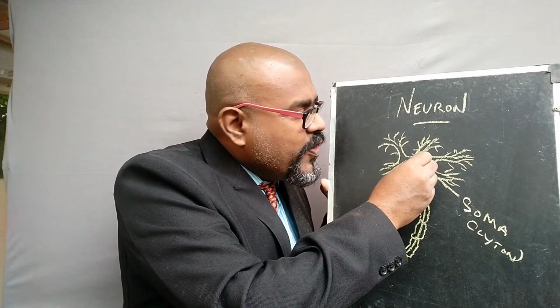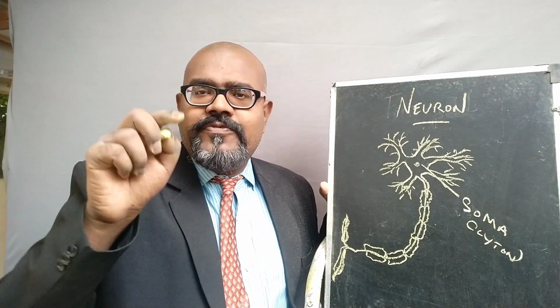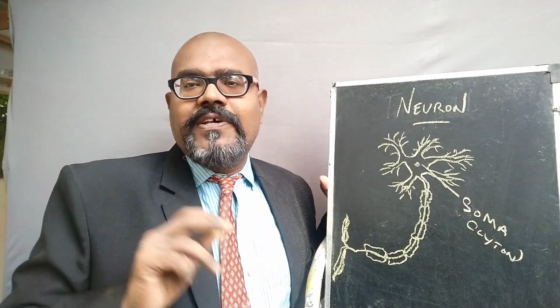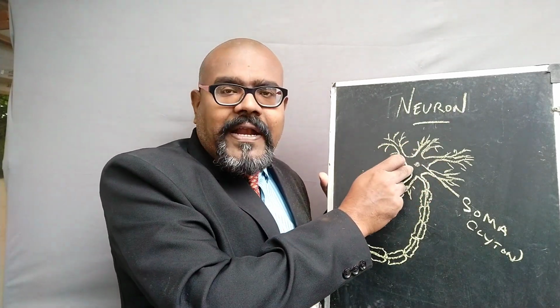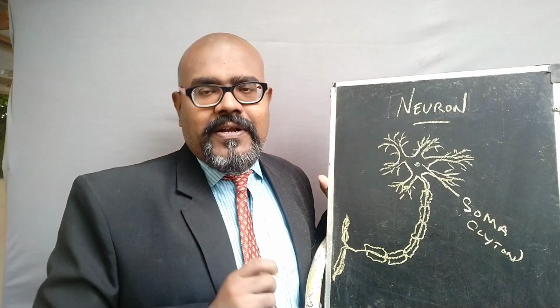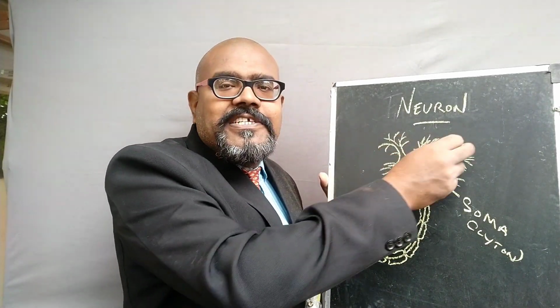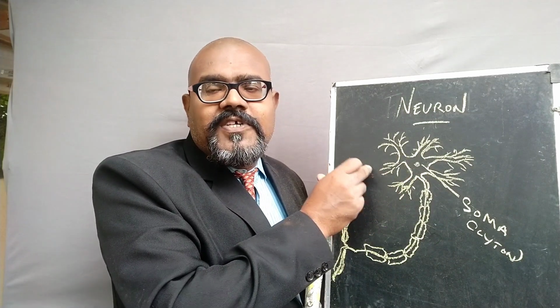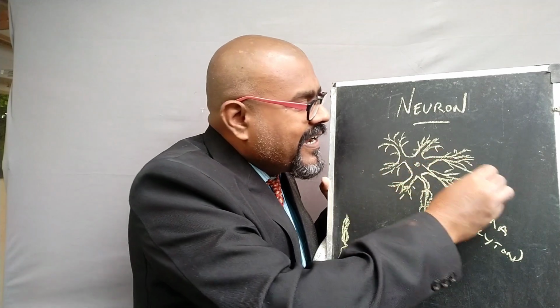It consists of the nucleus in the center. Of course, we know the function of the nucleus. Then this compact portion projects downwards and laterally. The regions projected in the lateral parts like small branches of short distance are called the dendrites.